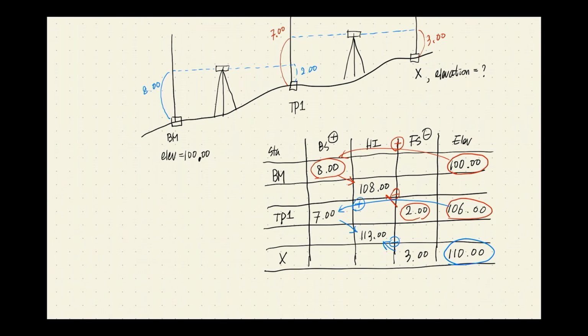Let me see. I need to know what my current setup is right now. In this case, the first one is going to be my first setup. So how do I know my current setup? Simply by looking at the size of this backsight NumPy array.